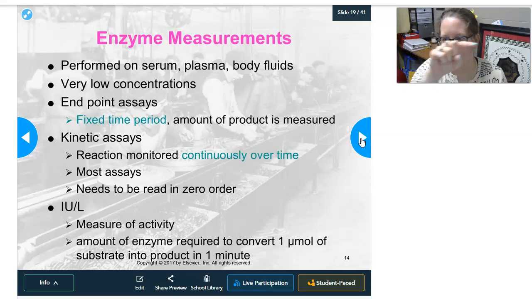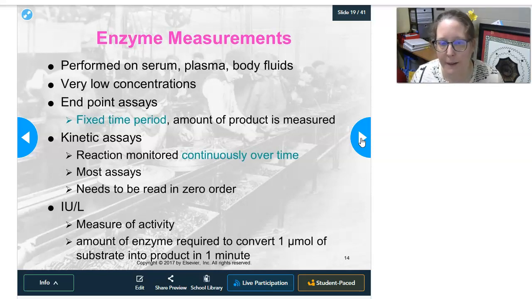So zero order is when it's flat, but it needs to be predictable. And so this is where it's going to be read continuously over time, take rate. So they're rate assays. Kinetic assays are rate assays. And we measure at a certain time frame while you have plenty of substrate availability and substrate saturation on the enzymes.